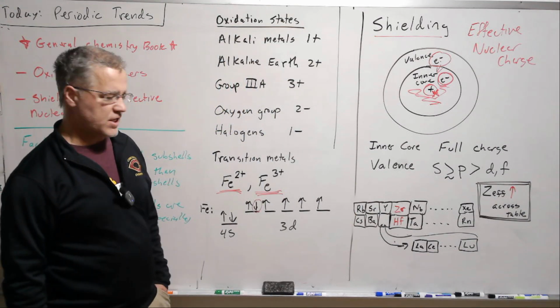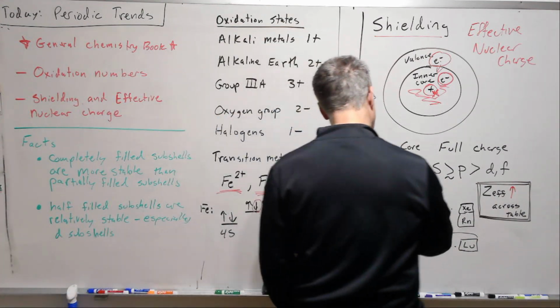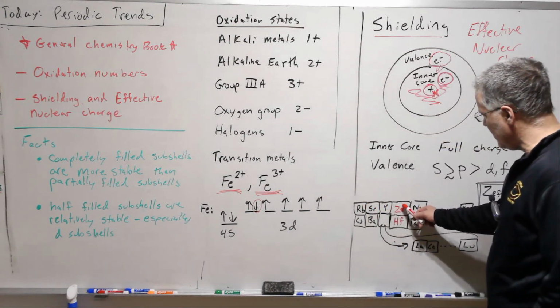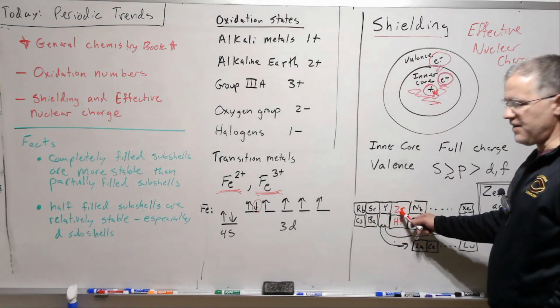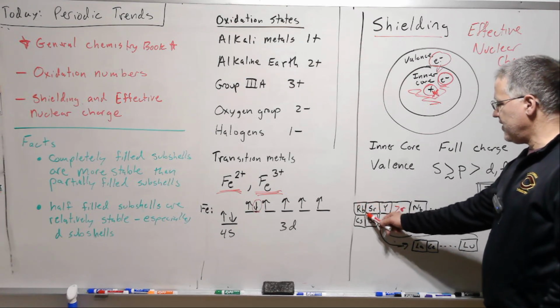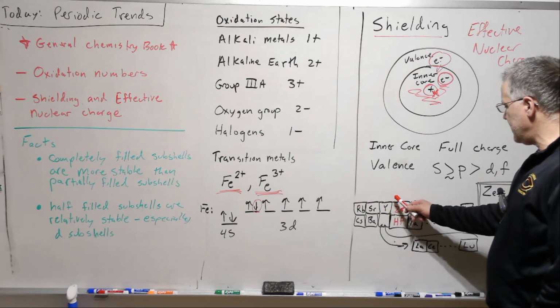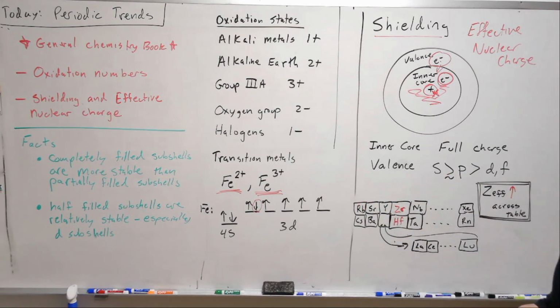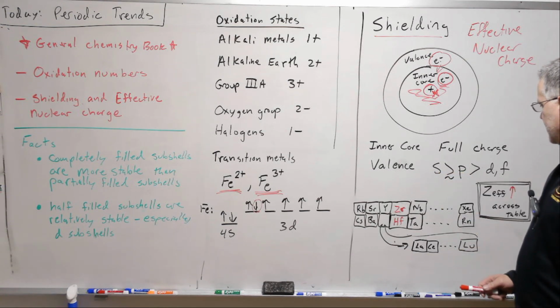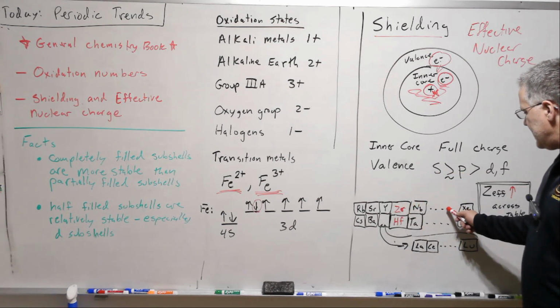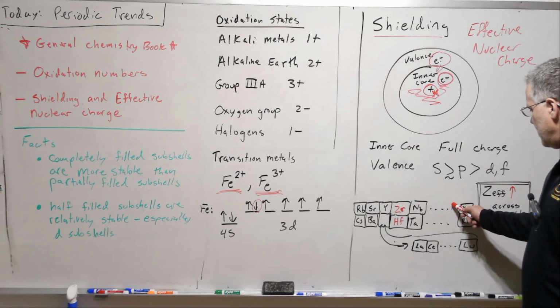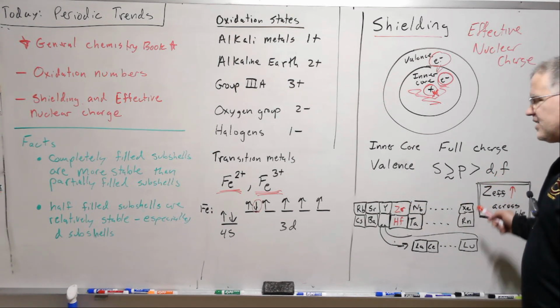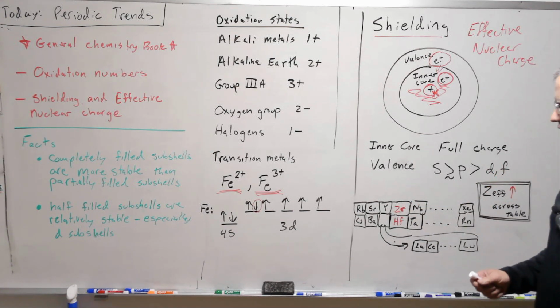But let's see how this works. So we're going across this row in the periodic table. We hit zirconium. It has a certain effective nuclear charge. Couple of s electrons shielding each other. The p electrons are shielding. P's are pretty good shielders, almost as good as s electrons. Then we get into the d shell, and the d's are actually very poor shielders, as are the f's.